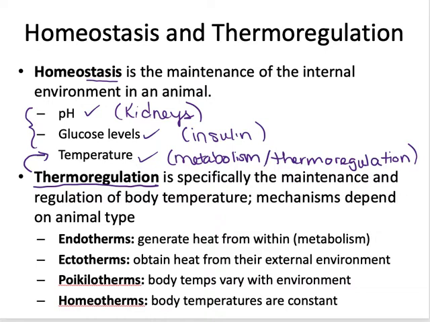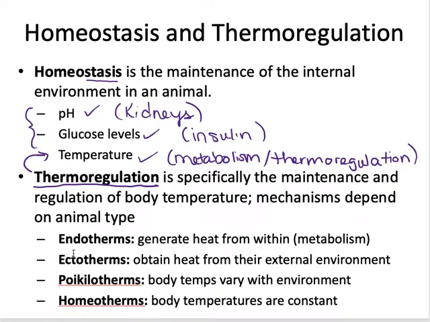That evaporative cooling occurs when the sweat evaporates from the surface of your skin. And other animals might pant in addition to, or instead of, sweating. So that panting involves the same type of evaporative cooling that would be similar to sweating.